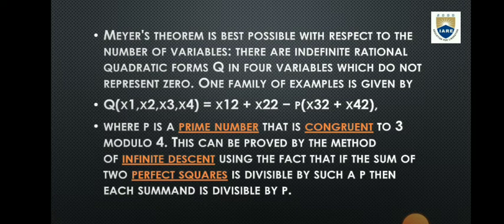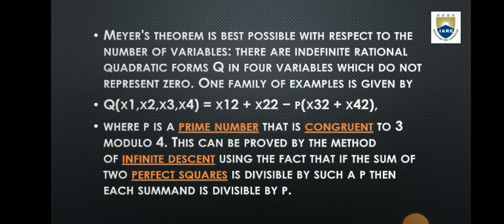There are indefinite rational quadratic forms Q in 4 variables which do not represent 0. One family of examples is given by Q(x1, x2, x3, x4) = x1² + x2² − p(x3² + x4²), where p is a prime number that is congruent to 3 modulo 4.